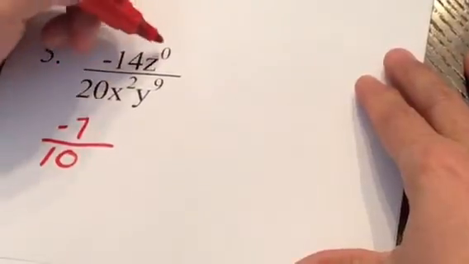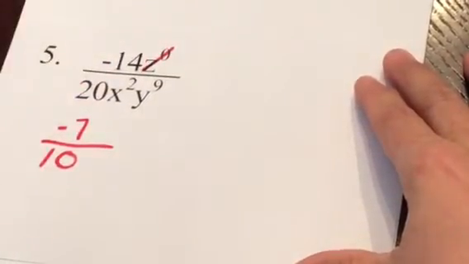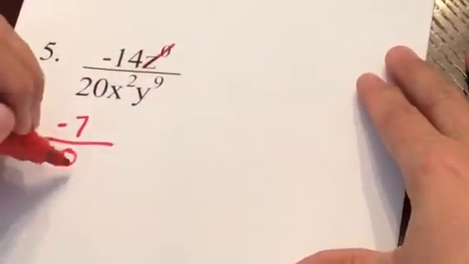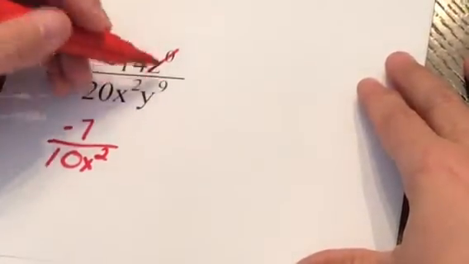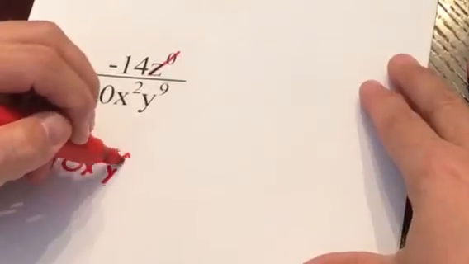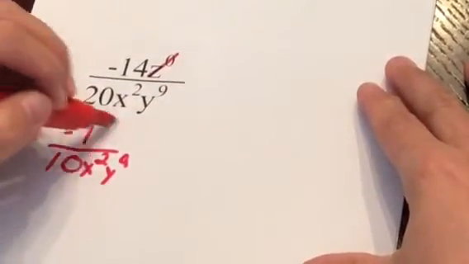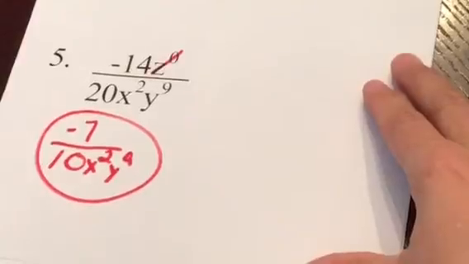Z to the 0 power will cancel out. X to the 2nd power will stay. Y to the 9th power will stay. And we have our final answer for number 5.